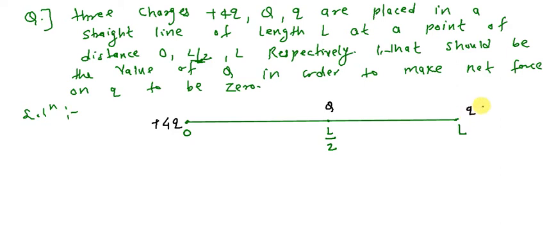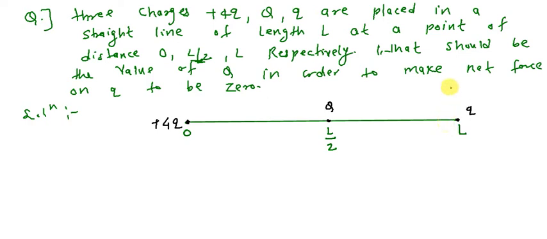Now the question is asking what should be the value of Q, this one. In order to make the net force on this small q charge be 0, it means there are two forces, one because of this charge and one because of this charge, acting on this charge, but the net should be 0.